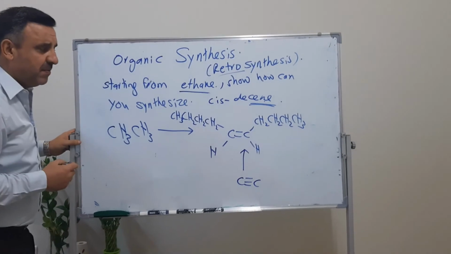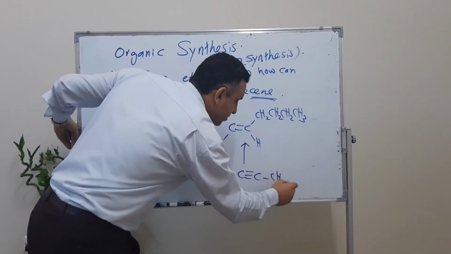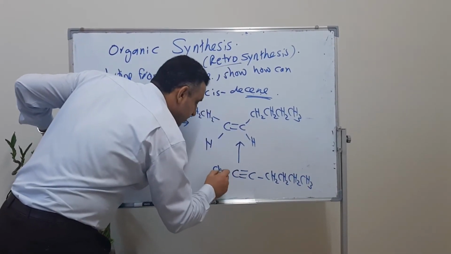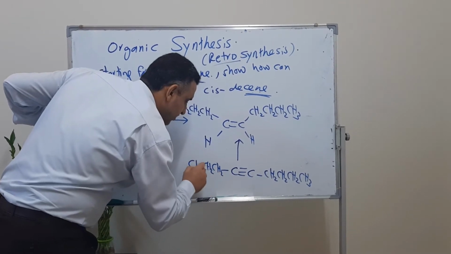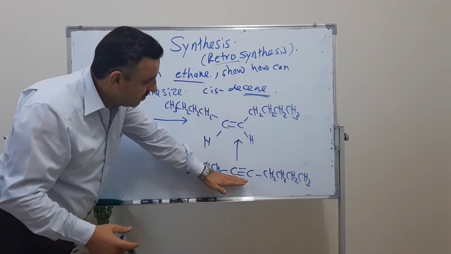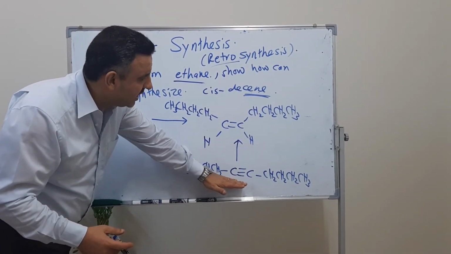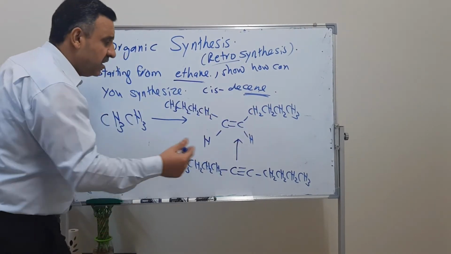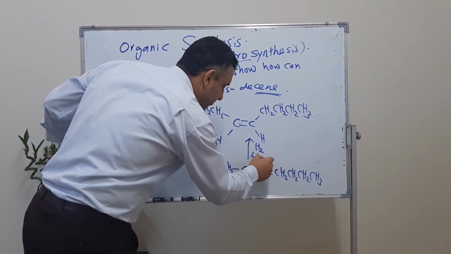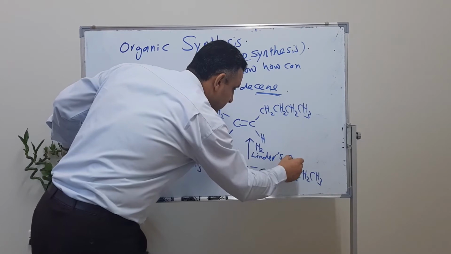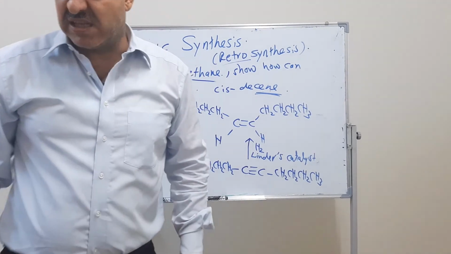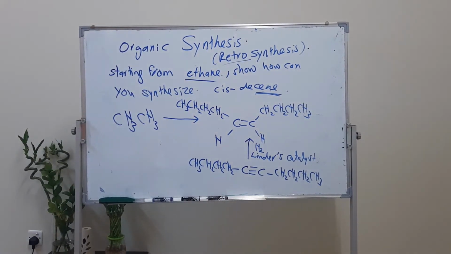So if this is C triple bond C attached to CH2, CH2, CH2, CH3, CH2, CH2, CH2, CH3, what was the reagent capable of converting this alkyne into cis alkene? It was, if you remember from the beginning of the lecture, hydrogen in the presence of Lindlar's catalyst. Isn't it? This was the reaction which we already studied at the beginning of the lecture.